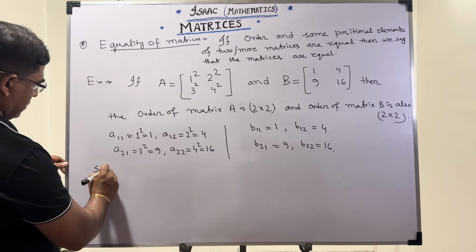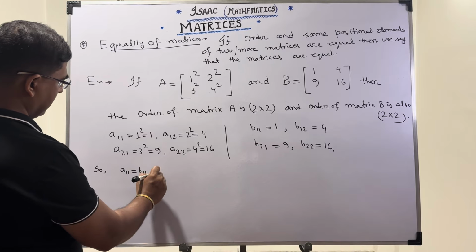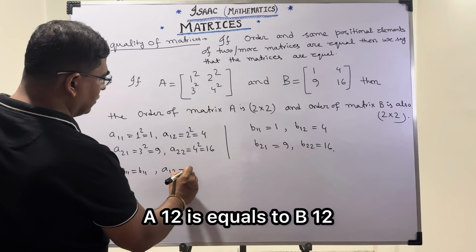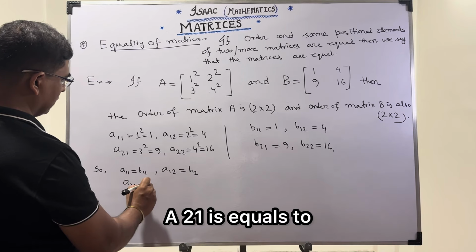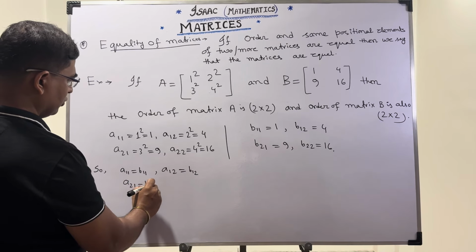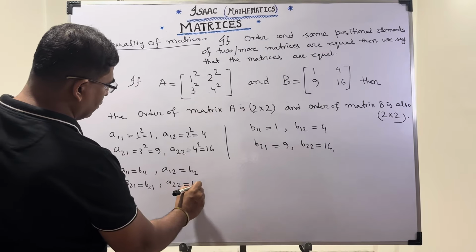So A11 is equal to B11. A12 is equal to B12. A21 is equal to B21. A22 is equal to B22.